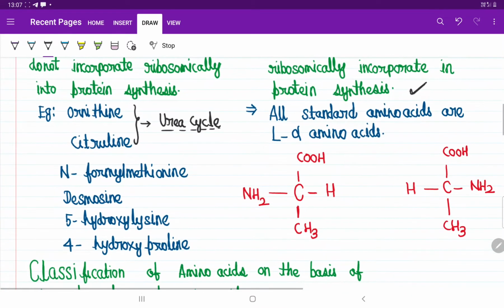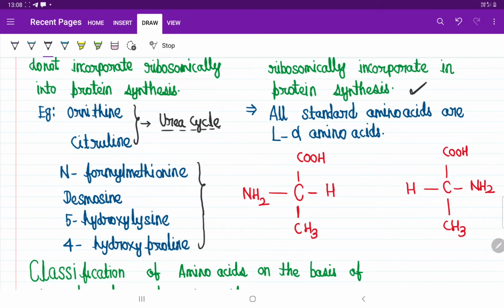Apart from that, we have other examples of non-standard amino acids like N-formyl methionine, formed from methionine, then desmosine formed from lysine, then 5-hydroxylysine formed from lysine, and 4-hydroxyproline formed from proline.